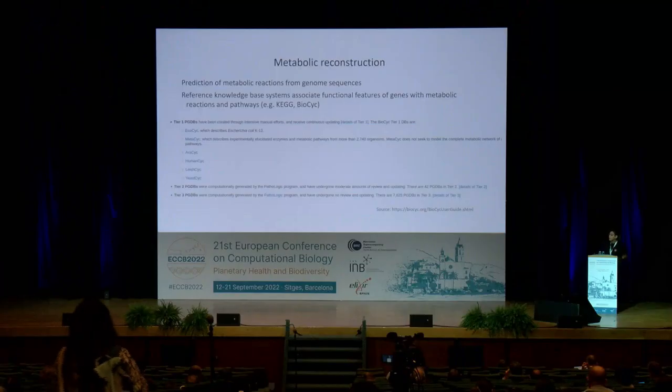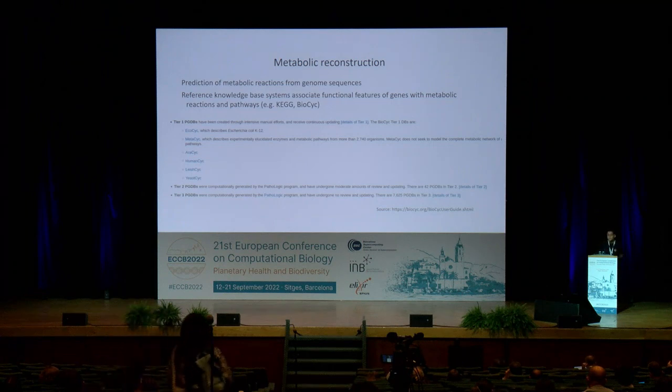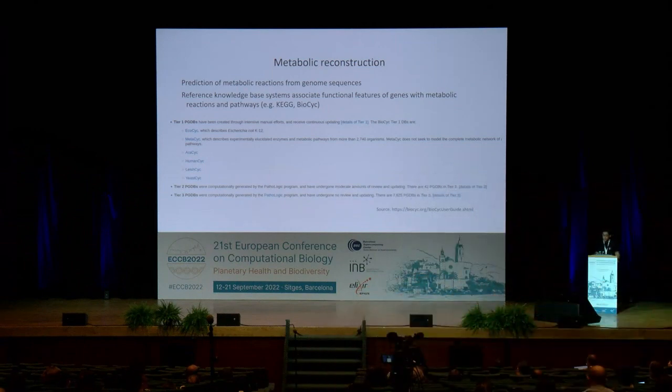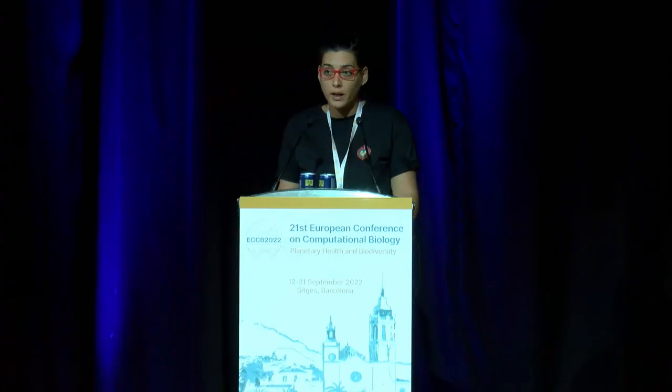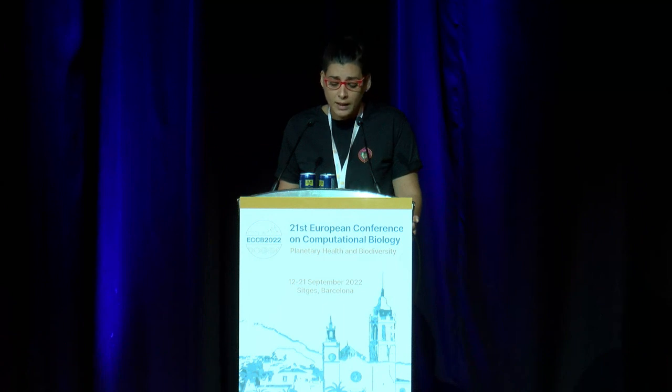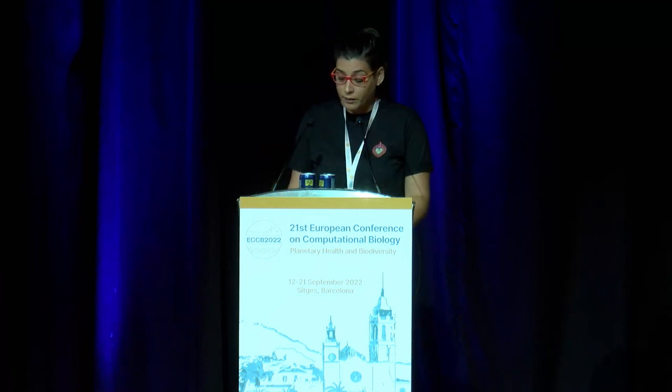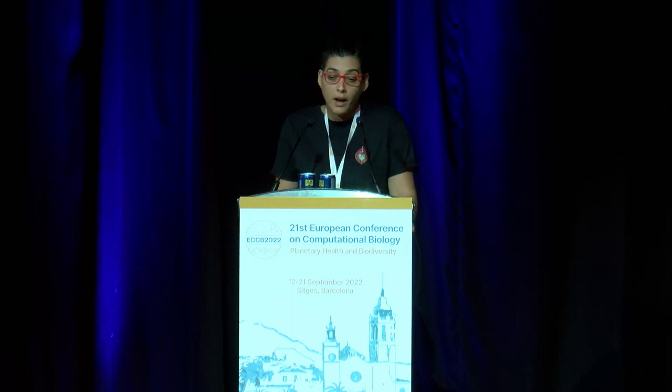We tried to annotate its metabolic reconstruction, which is the prediction of metabolic reactions from genome sequences. There are reference knowledge-based systems that associate functional features of genes with reactions and pathways, such as KEGG and BioCyc. BioCyc is a collection of pathway genome databases, and these are available in 3 tiers, depending on manual effort and how often they are updated.